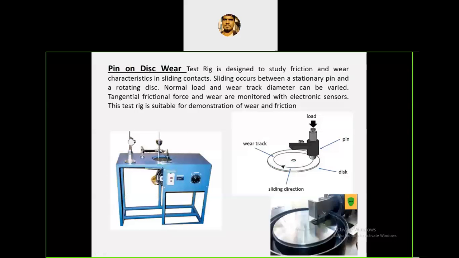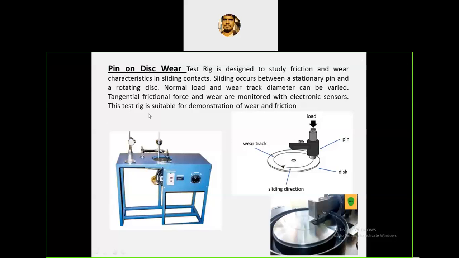In that, the first important wear testing method is pin on disc. I will show this in your wear testing lab. This is the device, the pin on disc.